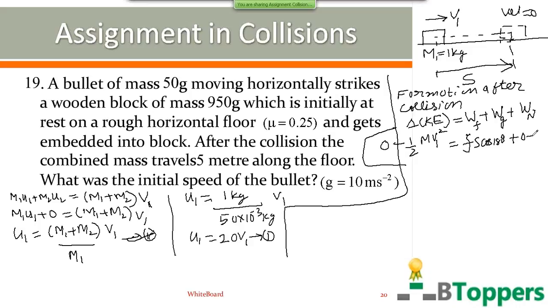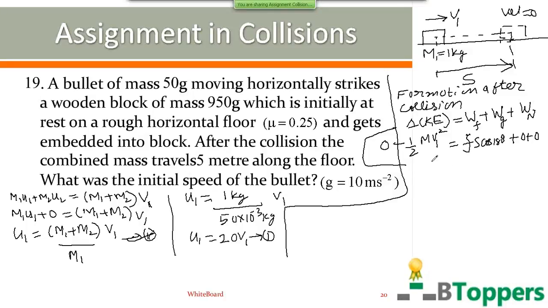Work done by gravitational force is 0 because gravitational force acts in the vertical direction and displacement is in the horizontal direction. That means work done by the gravitational force will be 0 because the gravitational force acts perpendicular to displacement. The same way, work done by normal reaction is also 0. That means for motion after collision, 3 forces act on the combined mass: its weight mg, that is the gravitational force, normal reaction, and force of friction.